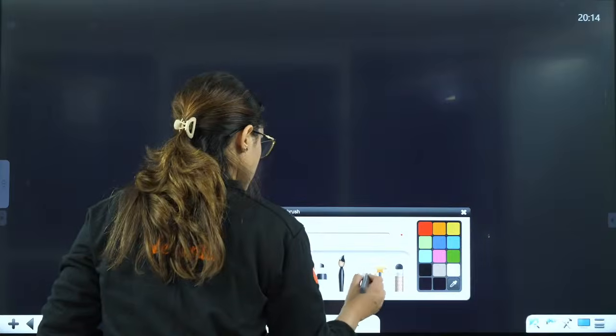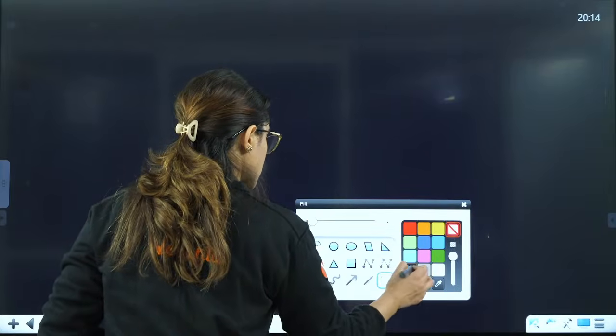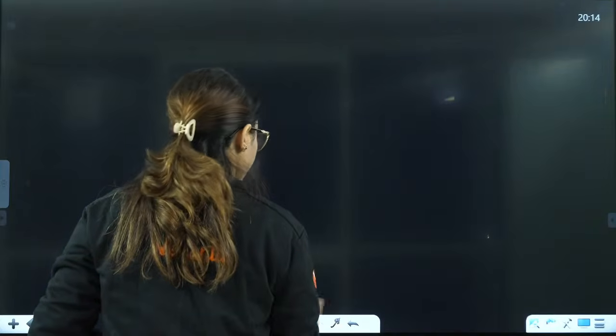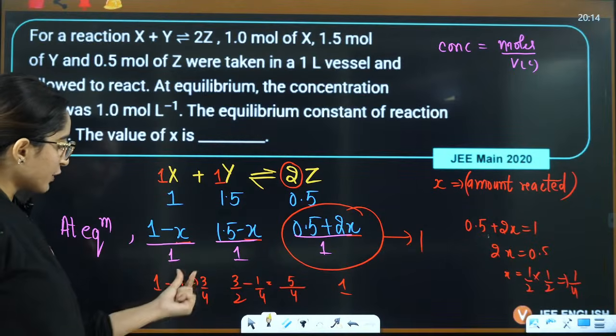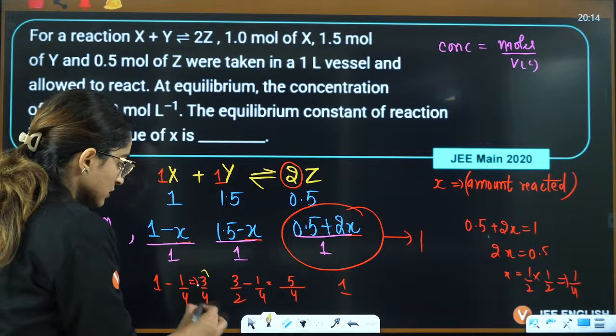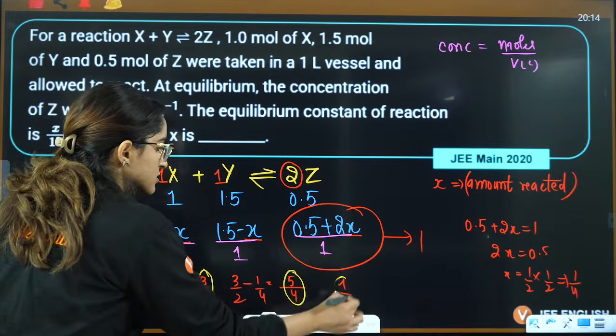Now, if you see, the concentration of X at equilibrium is 3 by 4, this is 5 by 4, and this is 1.